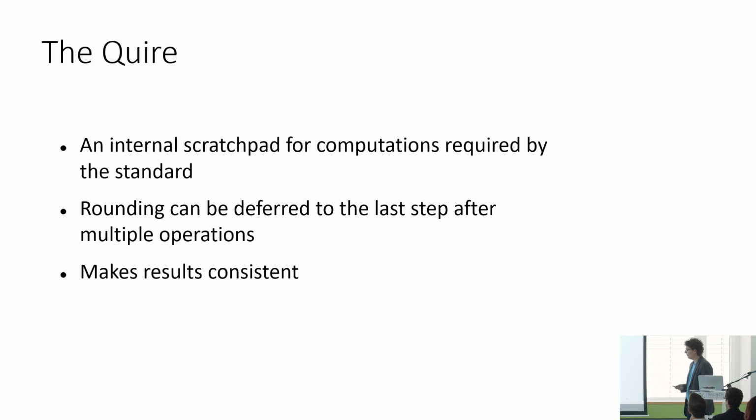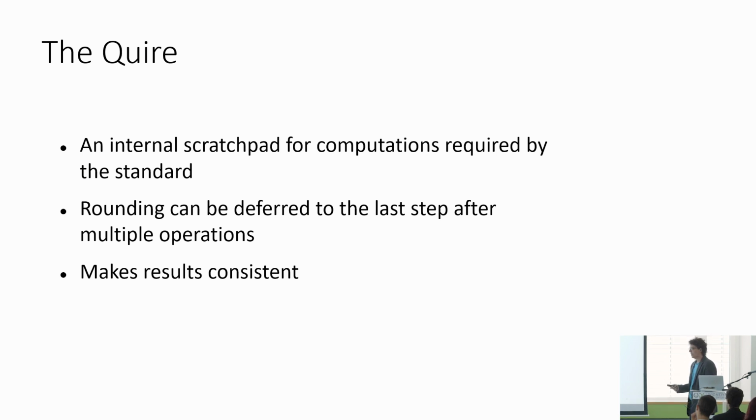It is very useful because, for example, if you want to compute a fused multiply addition, then you can do this by taking the exact results of each multiplication, accumulating them in the quire, and then only rounding the result back into a posit at the very last step. So by deferring rounding, we can manage to avoid the rounding errors.